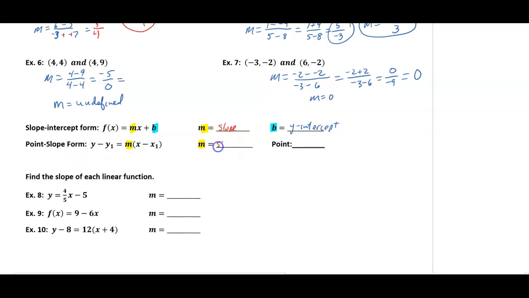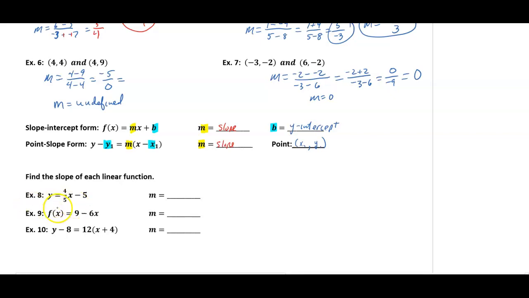So anytime you see m, you guys should know that's slope. Then, a point on the line would be the ordered pair x1, y1. So anytime I'm given an equation, just being able to recognize that m is a slope in front of x, or m is a slope and that's always in front of x.